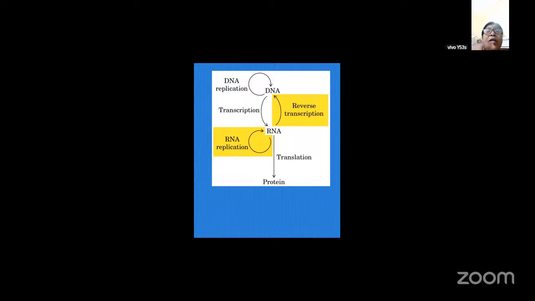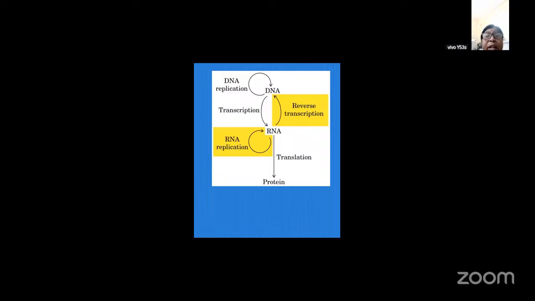Now, we'll see how transcription as well as translation take place step by step. Now see here. This is transcription and this is translation. First, the DNA has to get involved. DNA, with the help of DNA replication, means it has to replicate, and then it has to form the messenger RNA.